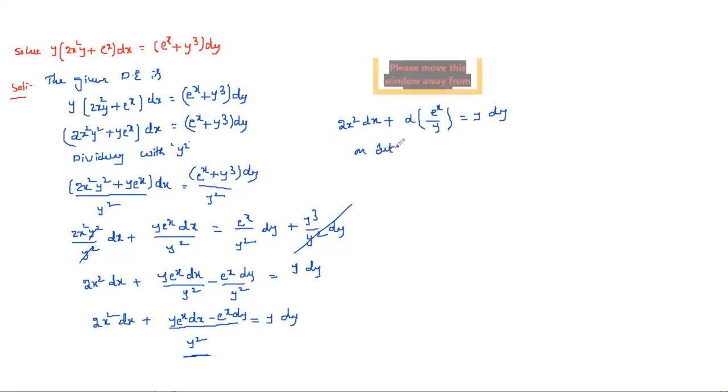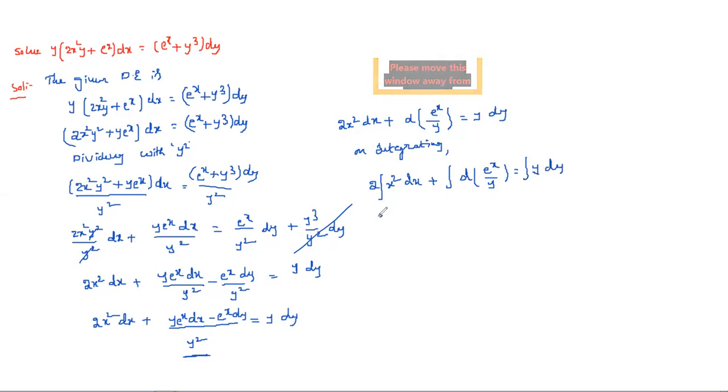On integrating both sides, 2 is a constant, we can write it outside of the integrand. Then 2 integral x² dx plus the integral of the derivative of eˣ by y is equal to integral y dy.